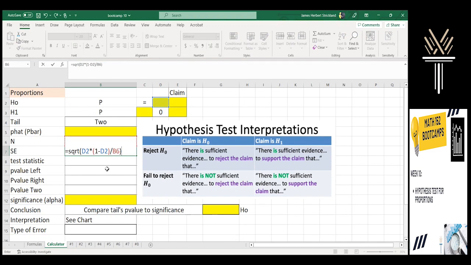Close it, enter. And so if I knew this was like 0.7, and if I had 30 people, I now have a standard error calculation.